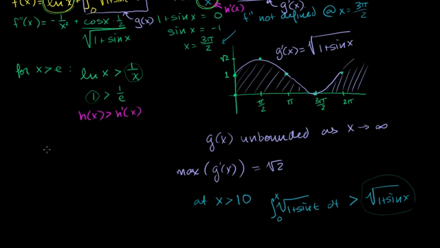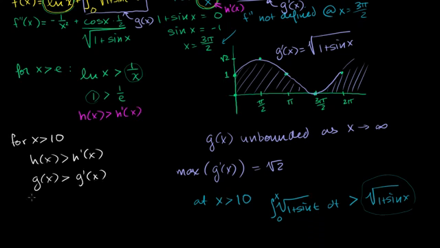So for x greater than 10, well, 10 is definitely greater than e. We know that h of x is greater than h prime of x. We know that's true. 10 is clearly greater than e, so we can state that. And we also know that g of x is greater than g prime of x.